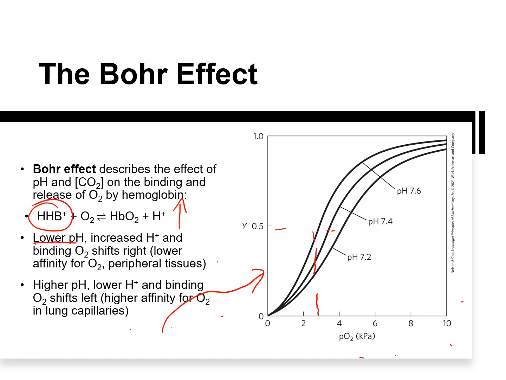So again, lowering the pH increases the hydrogen ion concentration and means that we need a higher partial pressure of oxygen to get the same amount of binding. The reverse, of course, is also true. The higher the pH, the lower the hydrogen ion concentration, and the easier it is for oxygen to bind. You should study this graph and get yourself well familiarized with the Bohr effect and how it works.